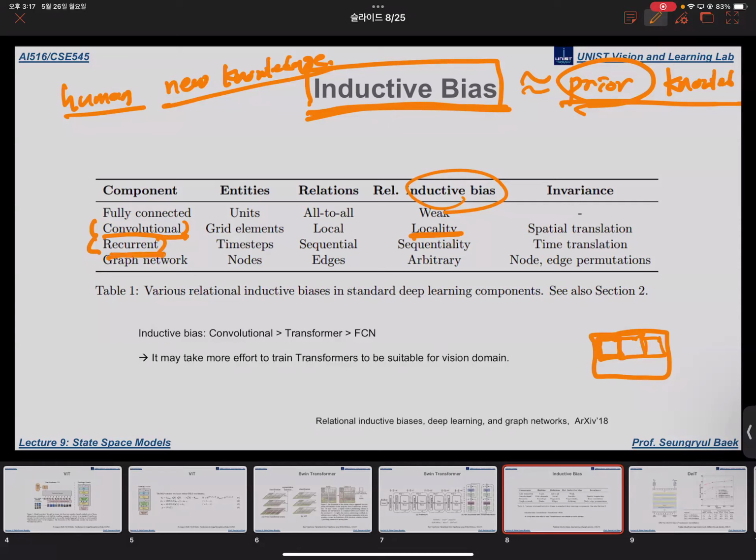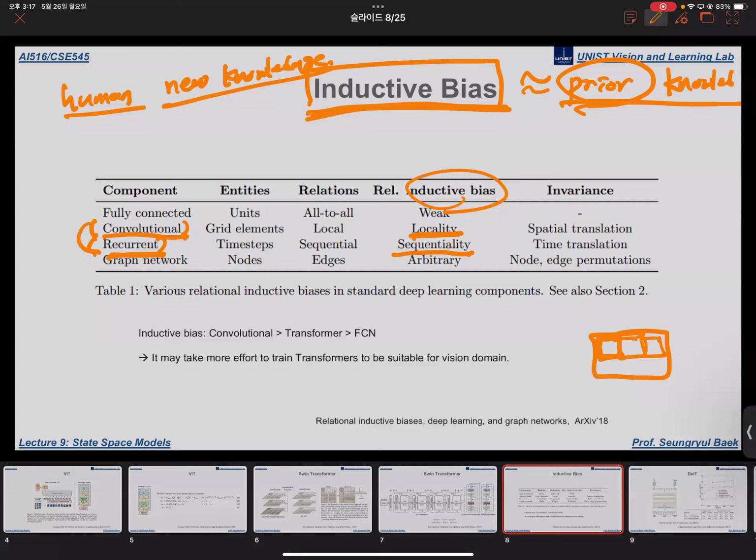And the recurrent RNN network can process sequential data. That kind of thing is inductive bias. RNN is mostly applied to sequential data, and CNN is applied to the image domain. That kind of thing is prior knowledge or inductive bias.